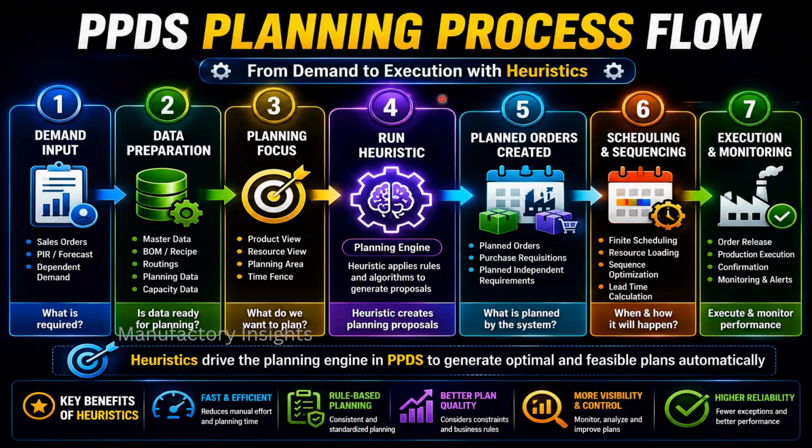Now let's see how heuristics fit into a practical planning process. Demand enters the system through sales orders or forecasts. Obviously, the required data setup needs to be available in the PPDS system, and the planning parameters are also required to work with PPDS planning.